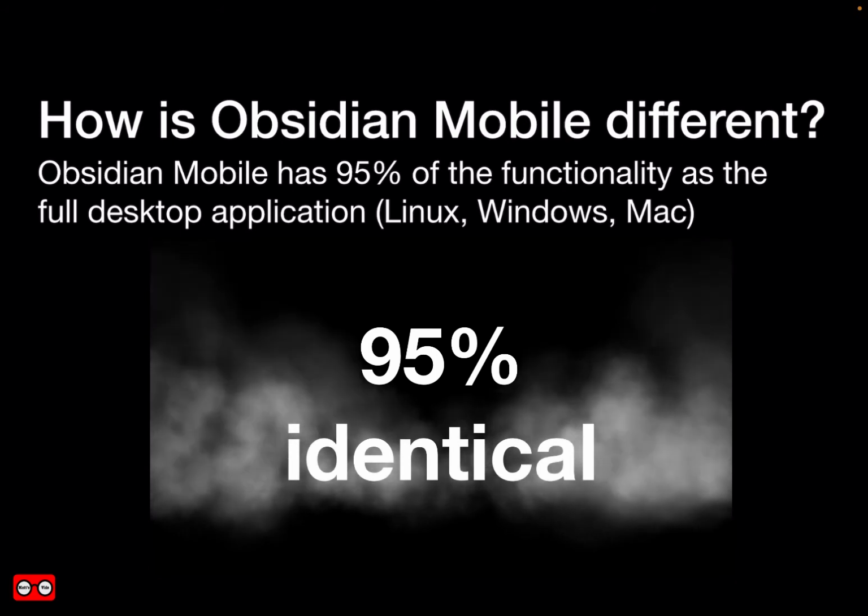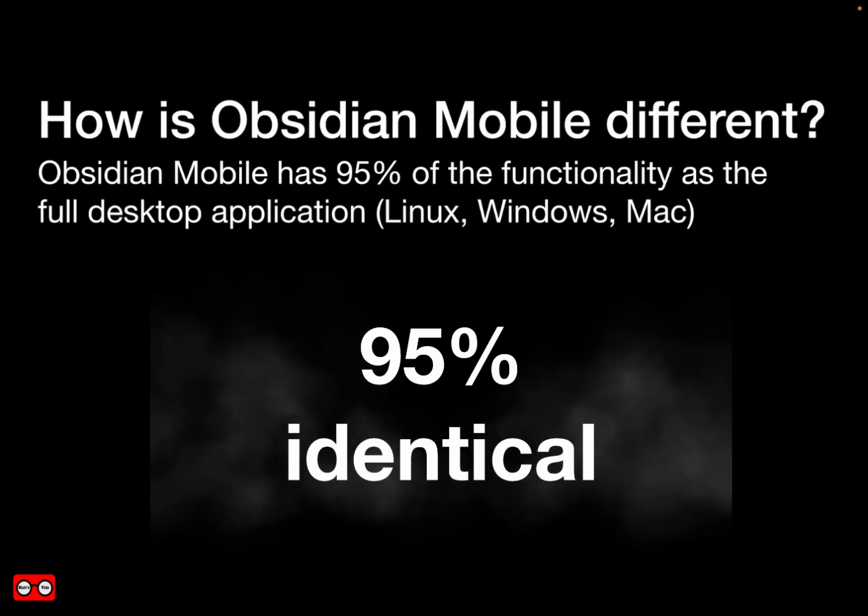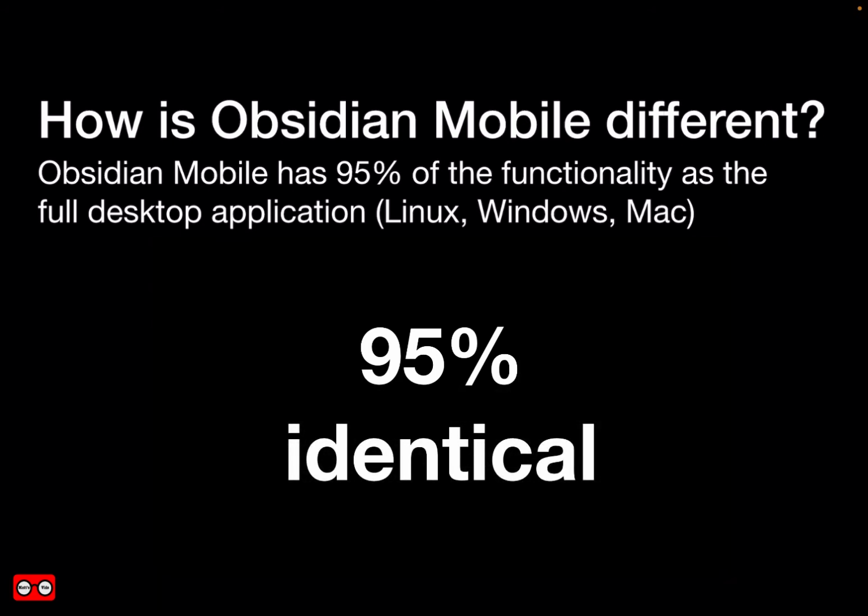So as I said before, Obsidian has been around since last year in the desktop environment, and I am happy to say that the mobile version has about 95% of the functionality of the full desktop version. There are a couple of things that are not working very well at the moment. Not all of the extra utility plugins are working on the mobile version, and you don't have as much choice about where you save your data.